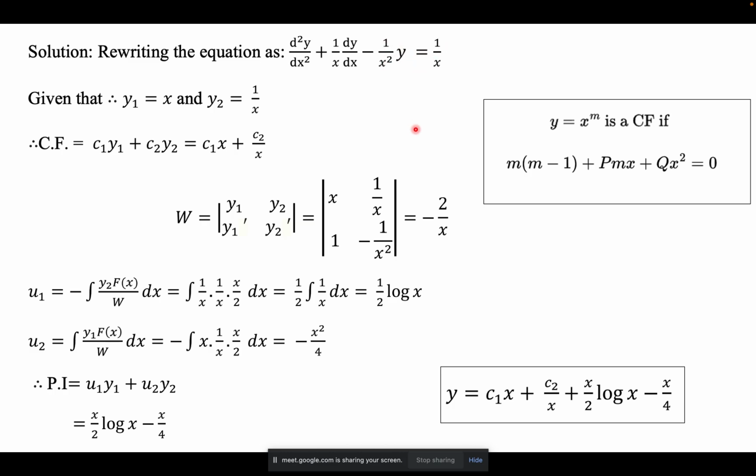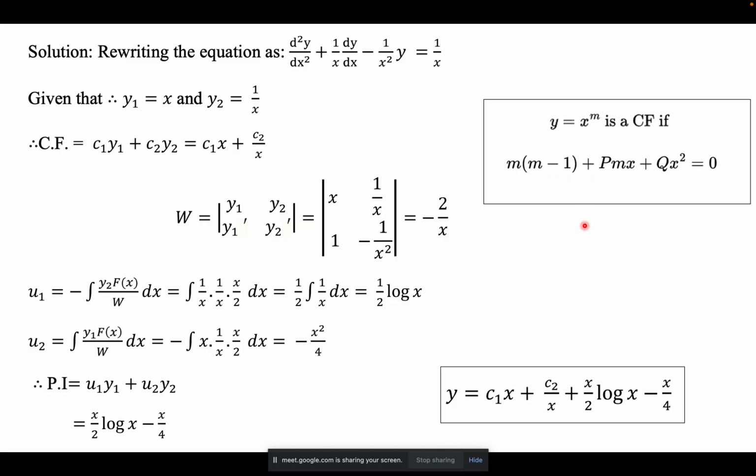As you have studied in the method of reduction of order, in order to calculate the complementary function, you can use that idea. So you say y is equal to x power m is a complementary function if it satisfies this condition, right? This you have studied in the week 2 lectures, and if you don't know, then you can either go and see the lectures, or you can also go through the week 2 assignment where I have covered it thoroughly.